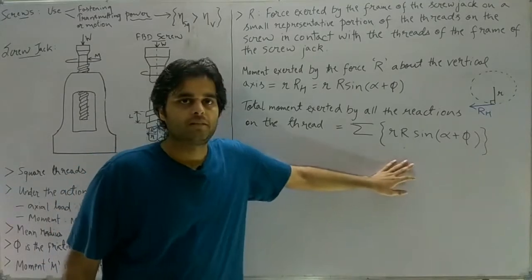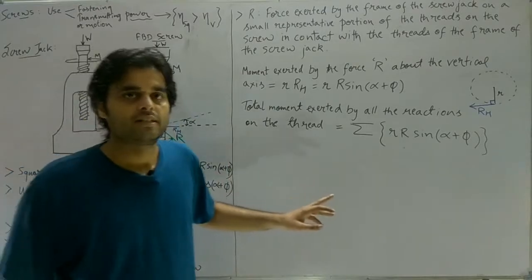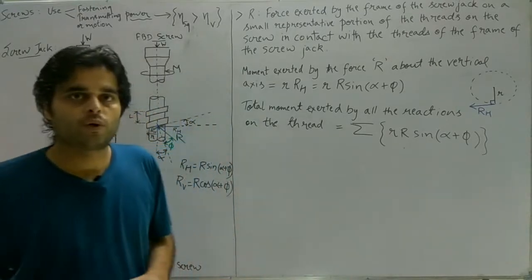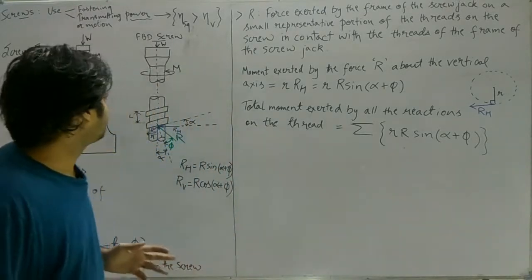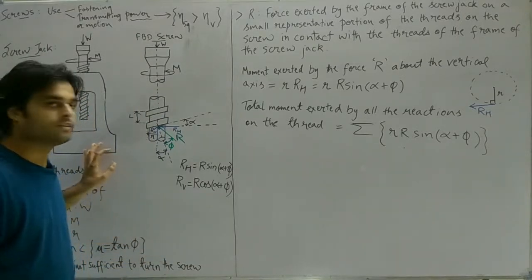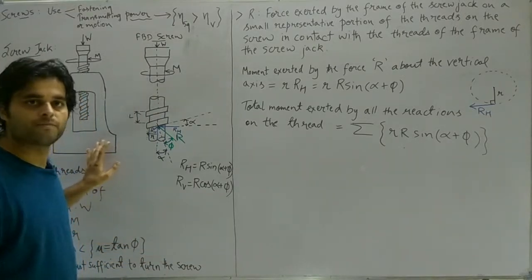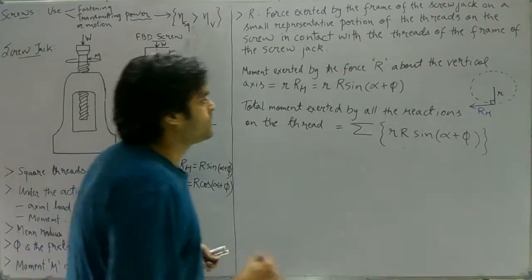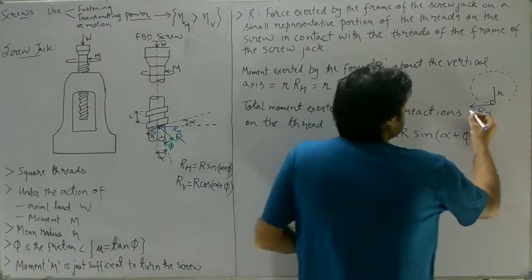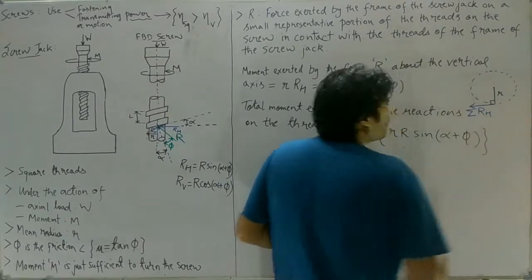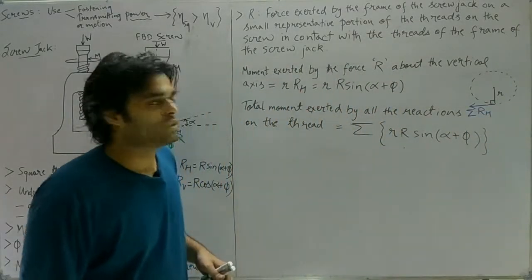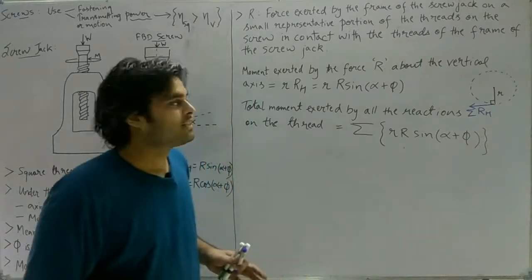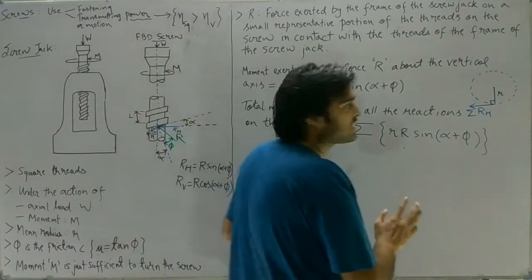So we'll sum this up, and this is basically the summation of all the moments exerted by the reactions coming from the frame of the screw jack. So we have basically summed up all the horizontal components of the reactions, and we have taken their moments about the vertical axis.